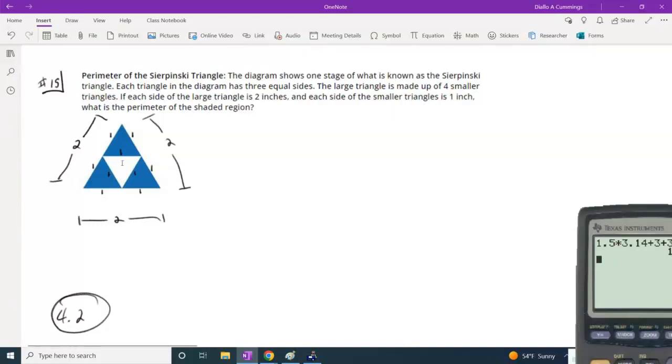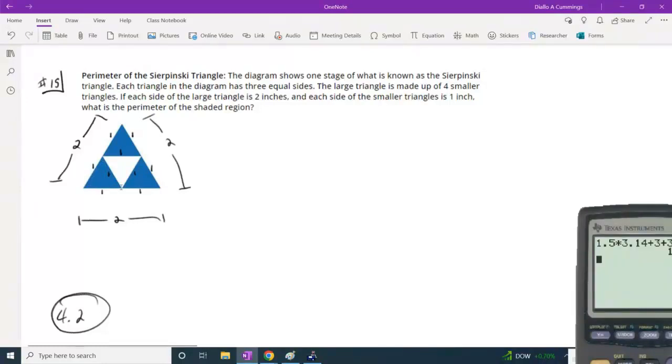And we're asked to find the perimeter of only the shaded region, right? So I can find the perimeter for this first shaded region, right? If each side is 1 inch, the perimeter for this first shaded triangle would be 3 inches, right? Because 1, 2, 3, that would be 3 inches.